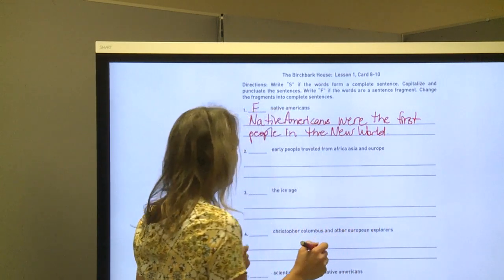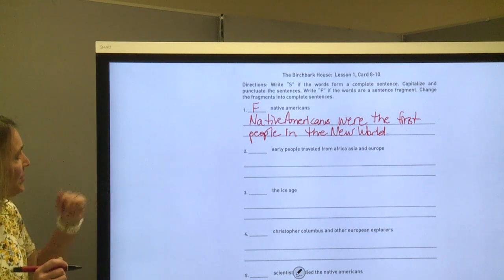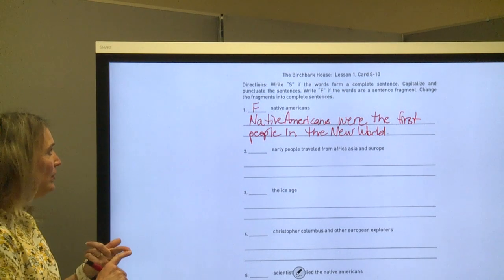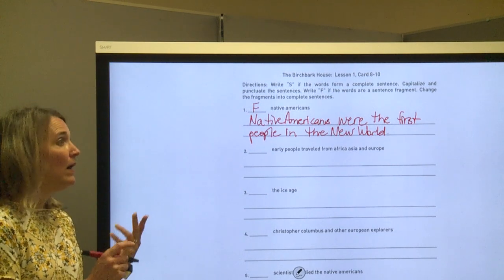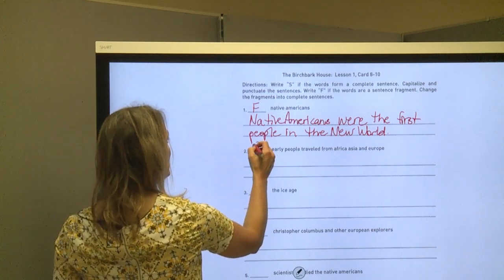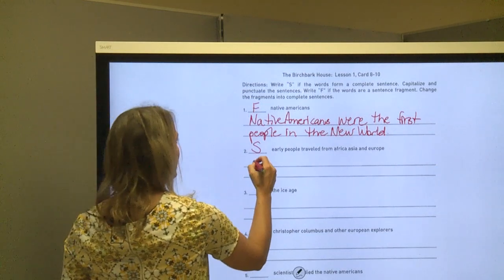And in punctuation, make sure we see that. So, look at number 2. Early people traveled from Africa, Asia, and Europe. Wait a minute, we have a who, and we have a what? Oh, if we add the correct capitalization and punctuation, this makes it a sentence. So we write S. Then I simply copy it correctly.